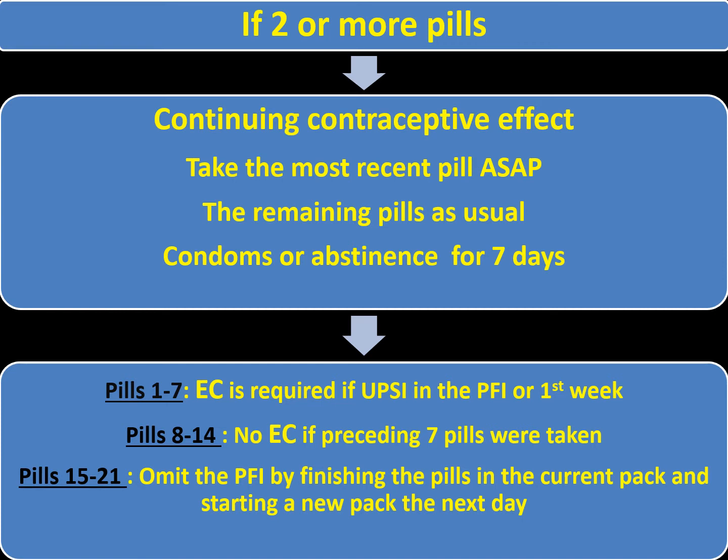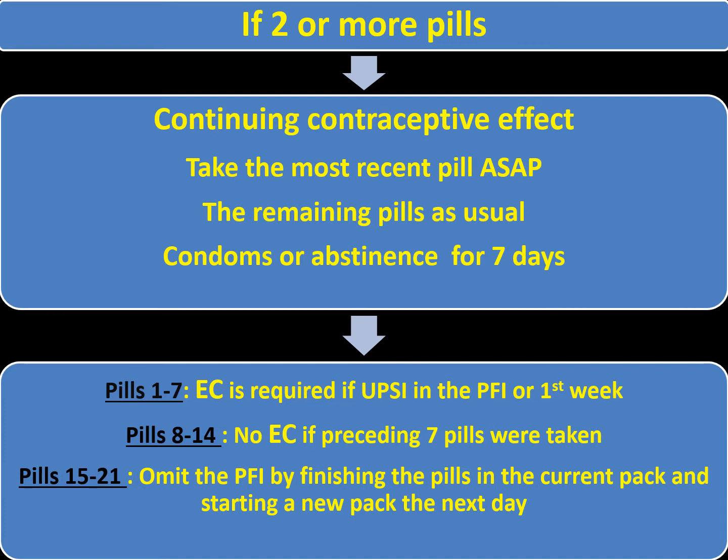Do we need emergency contraception? In the first 7 days, yes, we need emergency contraception if unprotected sexual intercourse occurred in the pill-free interval or the first week of the pills.